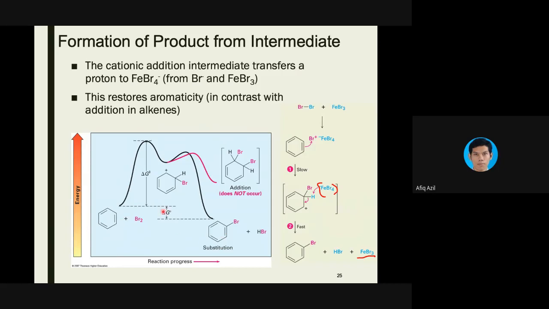In fact, the substitution product has a lower energy level than the starting material, benzene. So substitution reactions are very much preferred compared to addition reactions. This is for bromination.